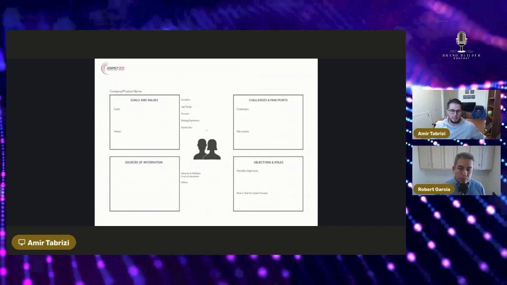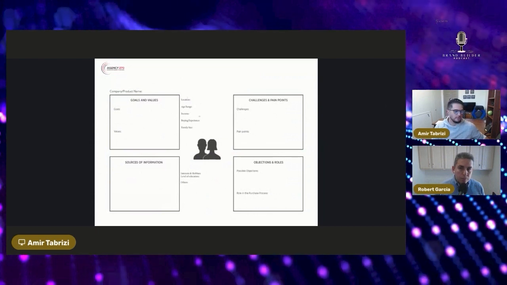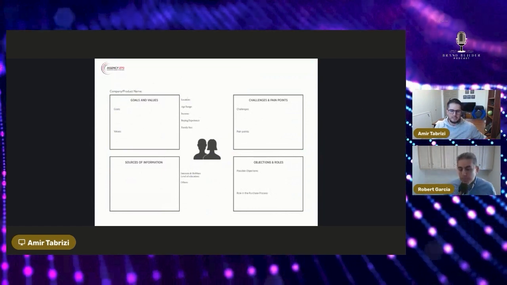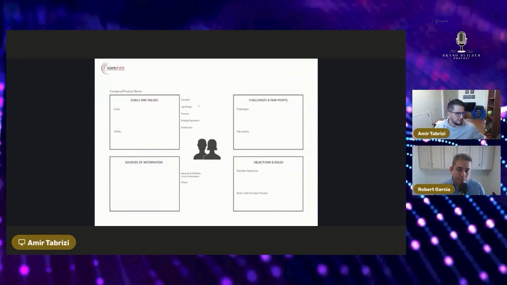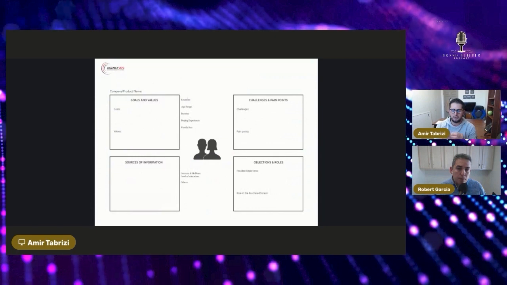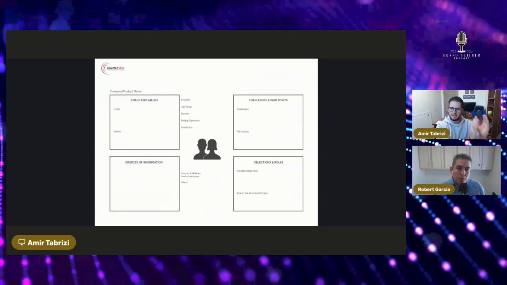So, for example, if I was doing this with Robert, and Robert, maybe you and I can live play this a little bit. If Robert and I were doing this for his real estate agency, I would break it down for him. Hey, what's the location? What is the ideal age range? When it comes to age range for real estate agents, I would suggest you think about whether you want to work with first-time home buyers, move-up buyers, or downsizers, right?